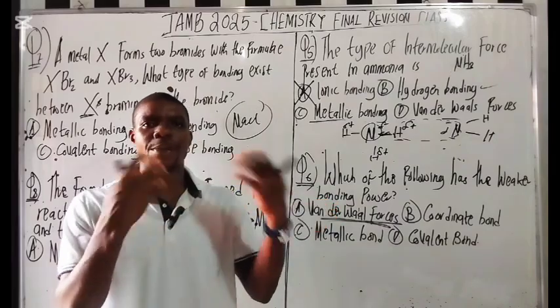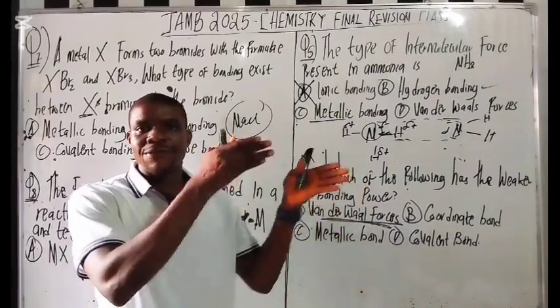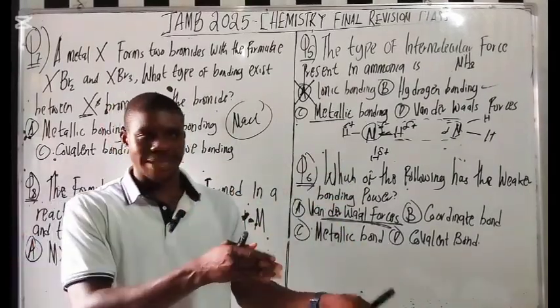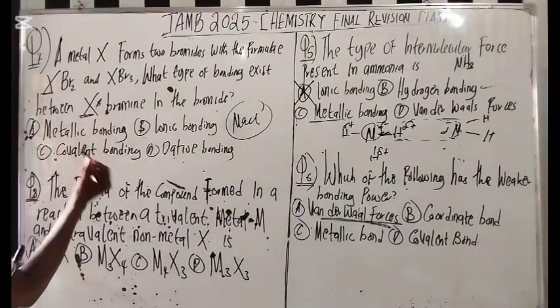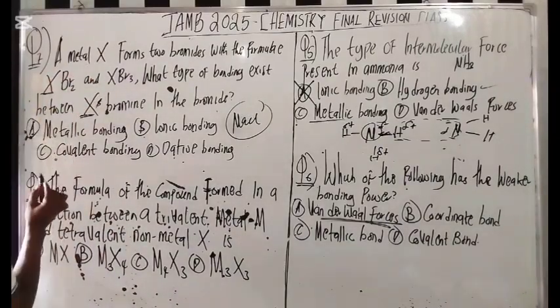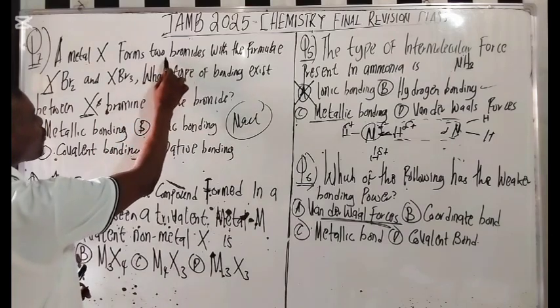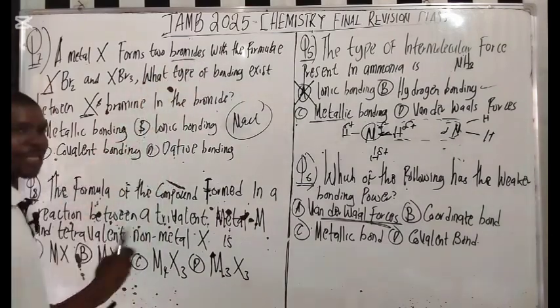Those metals with variable oxidation states can form different formulas with a non-metal. So this bromine is a non-metal.